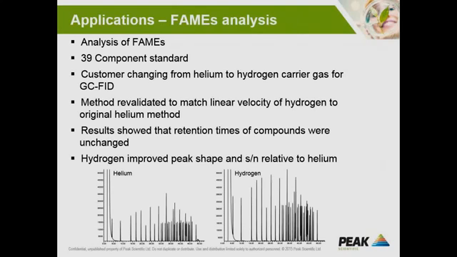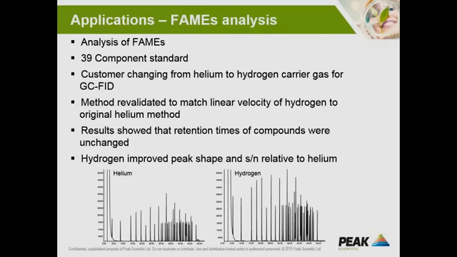Now I'm just going to look at a couple of application examples. First of all, phase analysis. This is looking at the change from helium to hydrogen for GC-FID analysis. In this case, the end goal was to match the linear velocity of the gas so that the customer was getting like-for-like results when using hydrogen compared with helium.